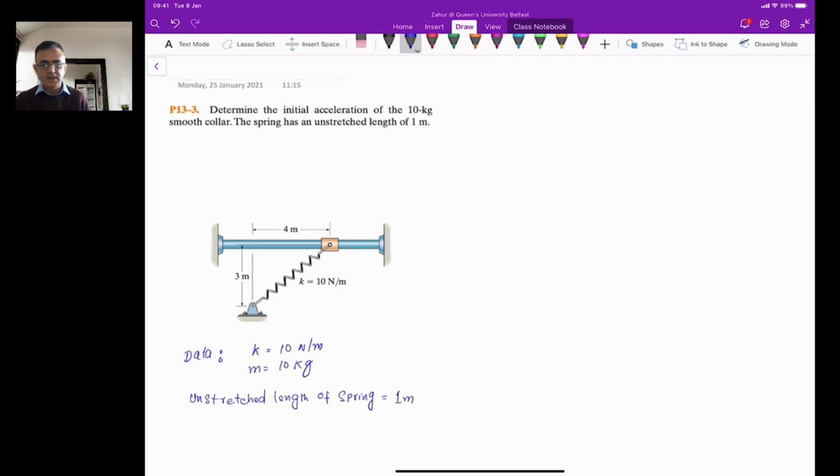The requirement here is that we need to calculate the initial acceleration of the collar.